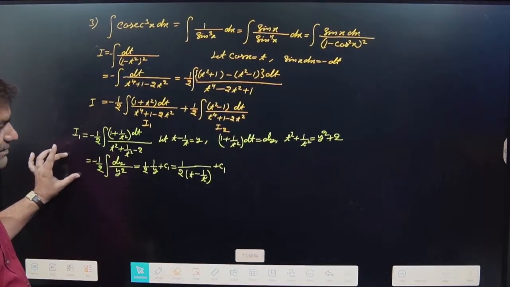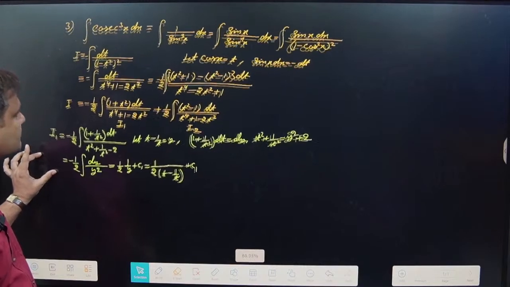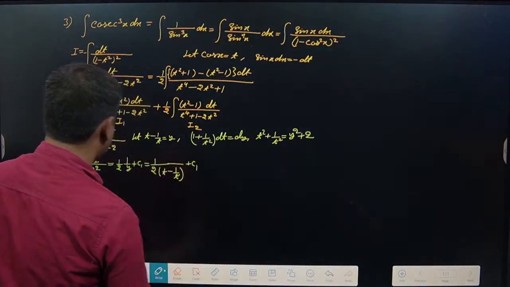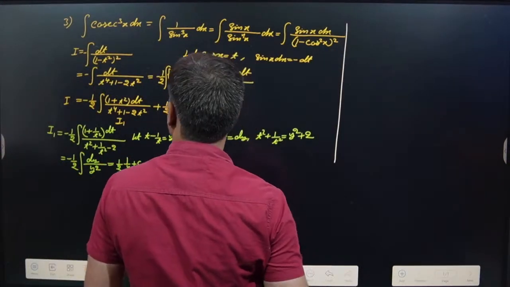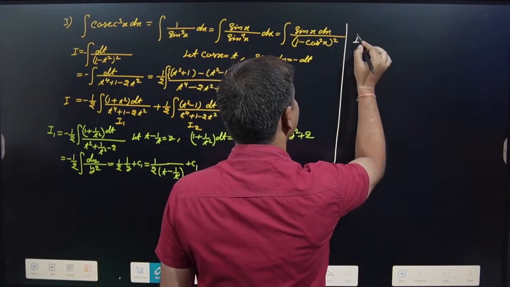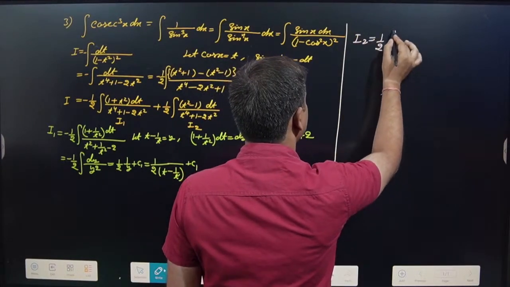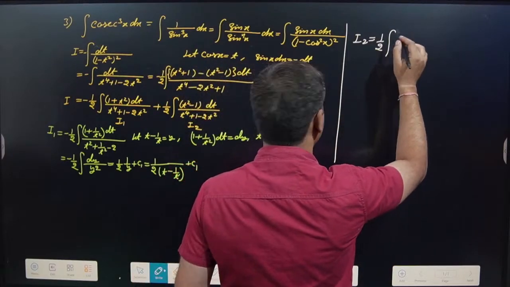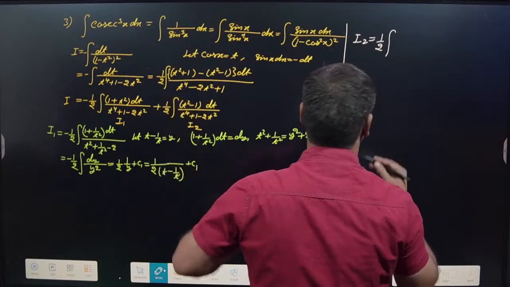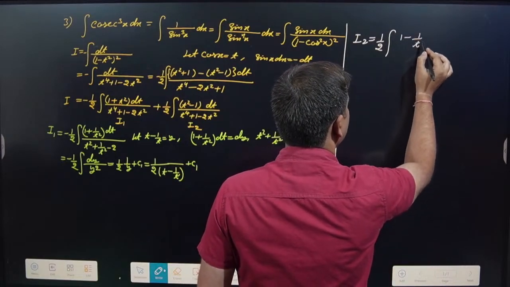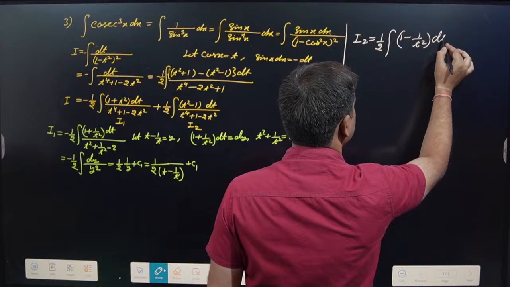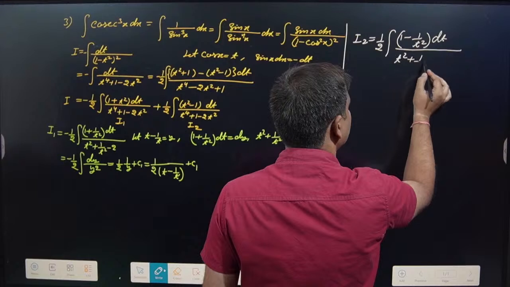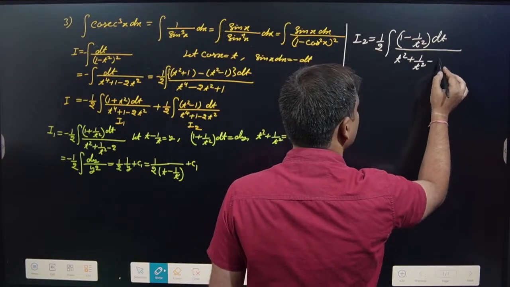So first of all, I2 is basically 1 by 2 into the integration of t square plus 1, t square minus 1. Again, divide by t square, then this is written as 1 minus 1 by t square into dt, divided by t square plus 1 by t square minus 2.